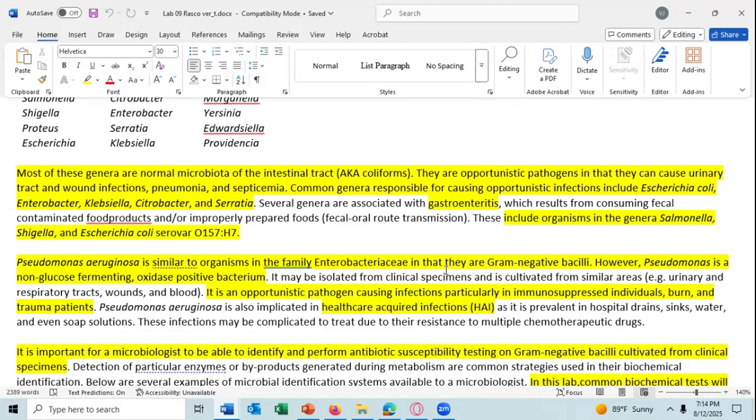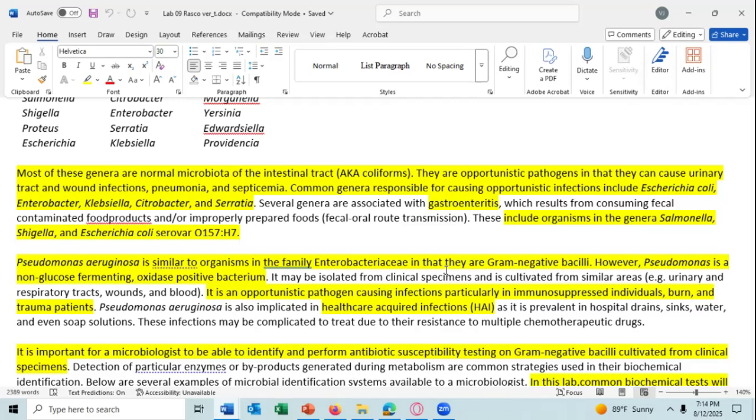It's not good at breaching the intact skin or intact mucous membranes. But if those are damaged, it can cause an infection. Pseudomonas aeruginosa is also implicated in healthcare acquired infections, also called nosocomial infections. And it can be found in many places in the hospital. Any place essentially that's wet.